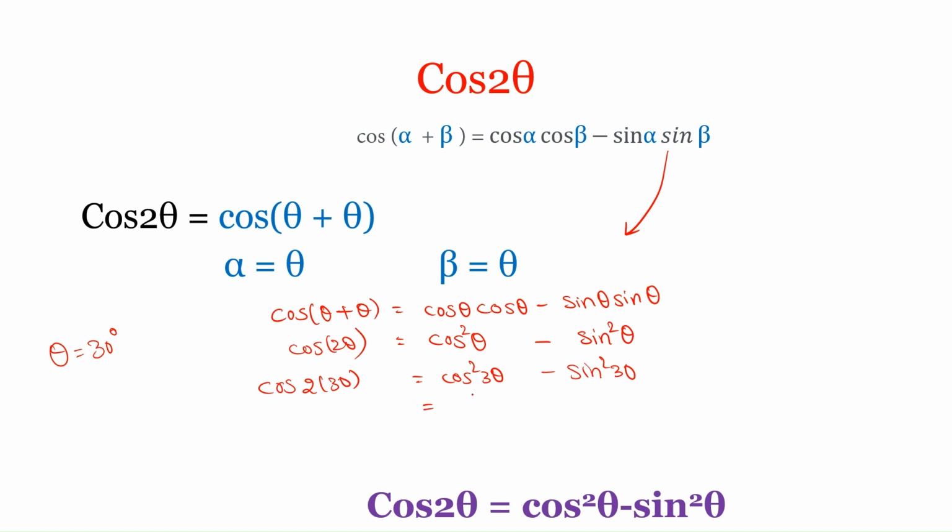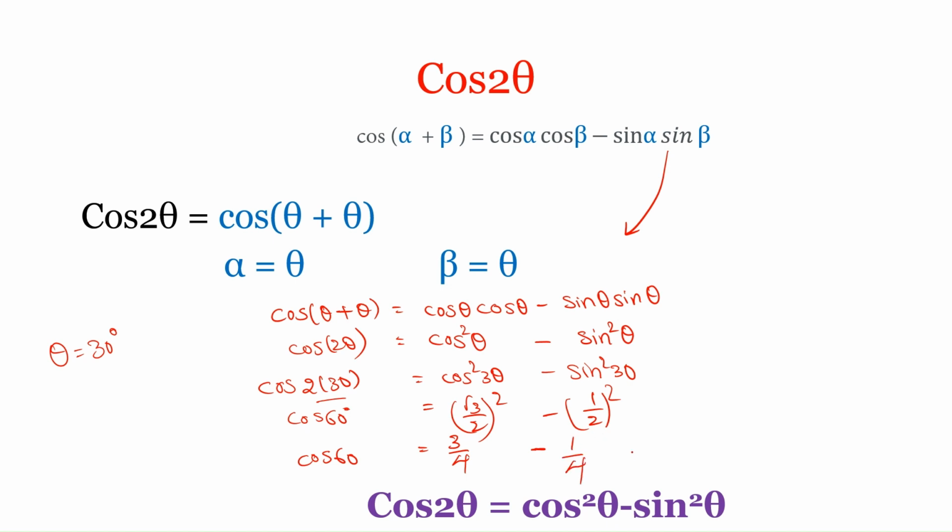Cos 30 is nothing but root 3 divided by 2. We are going to take the whole square, minus sin 30 is 1 by 2 whole square. So 2 times 30 means it is 60. So we have cos 60 is equal to root 3 by 2 whole square means 3 by 4, minus 1 by 2 whole square means 1 by 4.